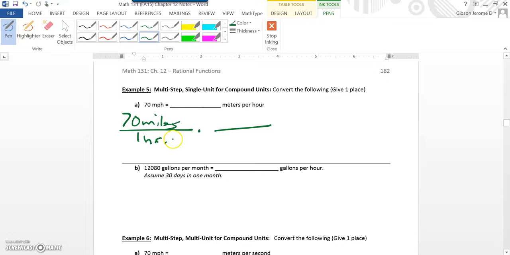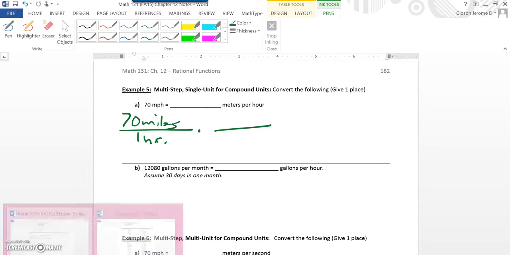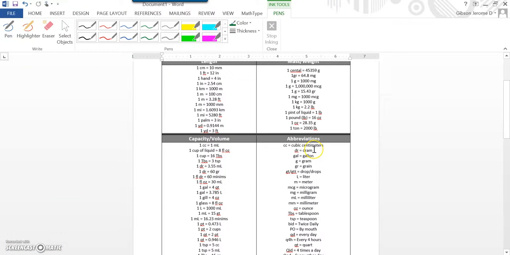So what we need to do is go back to our conversion chart. And if we look at our conversion chart, we do have miles to kilometers. In class, to make this a little easier, I'm going to flip back from screen to screen with the conversion chart. So if we look here at the conversion chart, we're looking for miles and kilometers. Now, miles and meters.